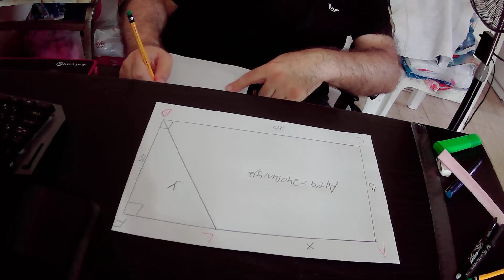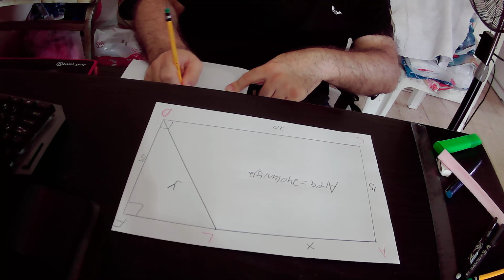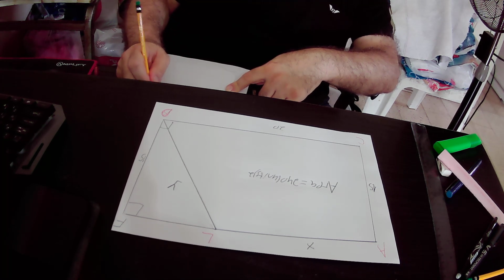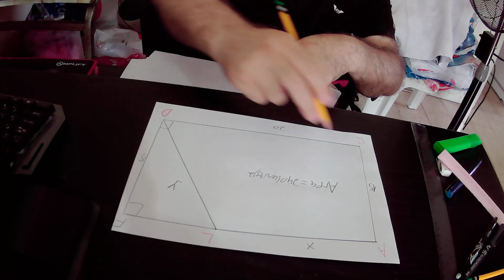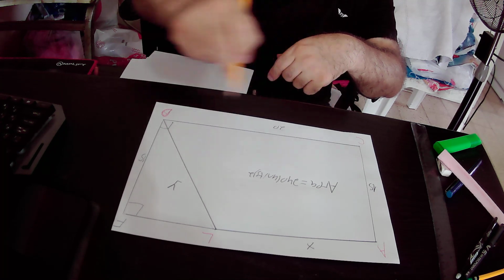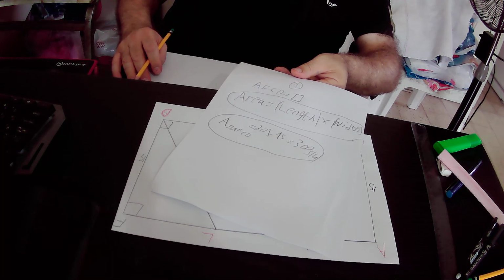So the area of rectangle AFCD equals 20 times 15 equals 300 square units.